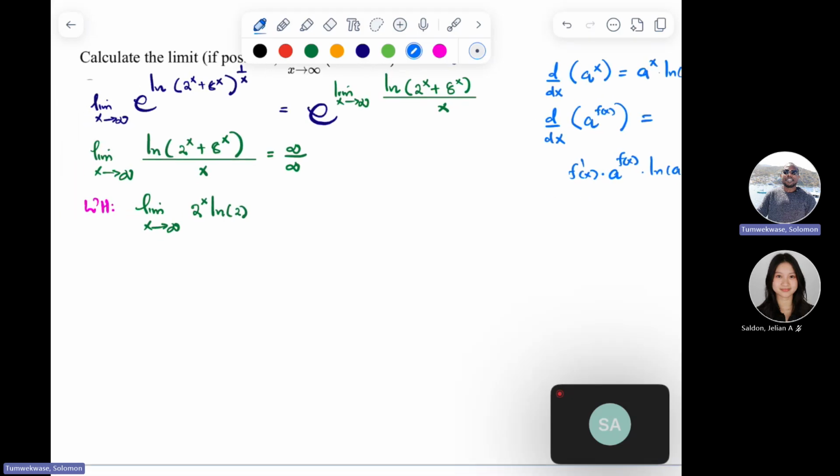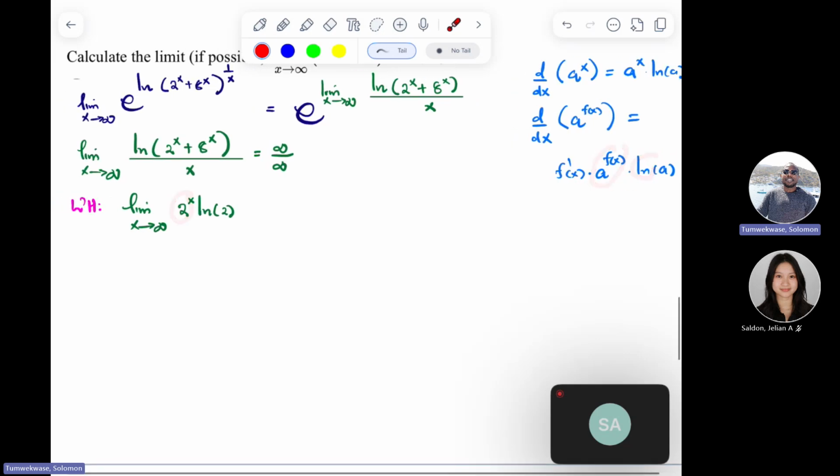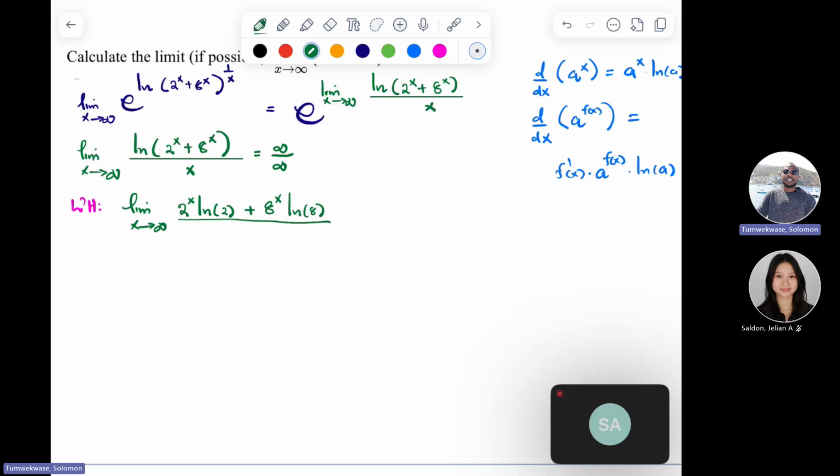So when I take the derivative of 2 to the x, I get the derivative of x, which is 1, then times 2 to the x, which is that guy, then times natural log of a, which is now natural log of 2. Okay. Then plus, same thing, this will be 8 to the x, natural log of 8, and the whole of this is over 2 to the x plus 8 to the x.